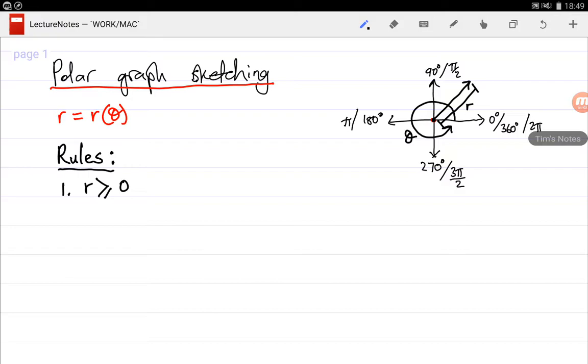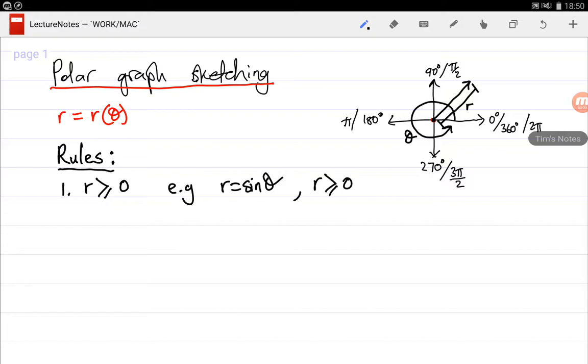This means that if we were to imagine it for a function, say for example r equals sine theta, r must be greater than or equal to 0.